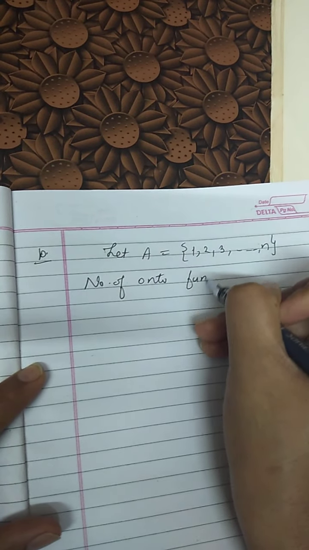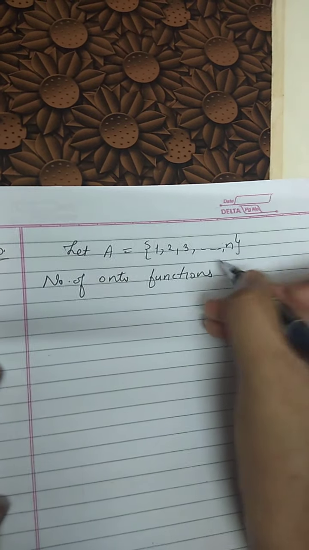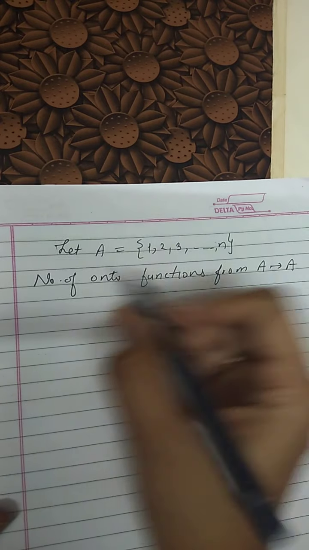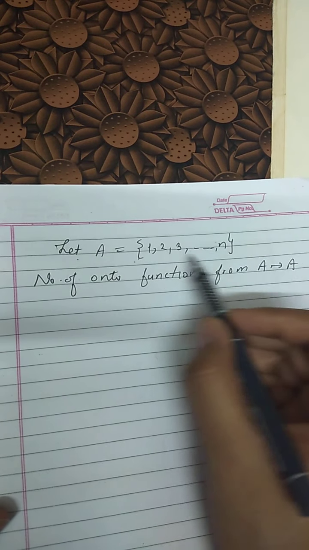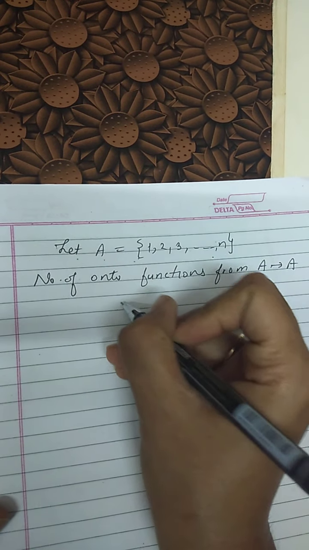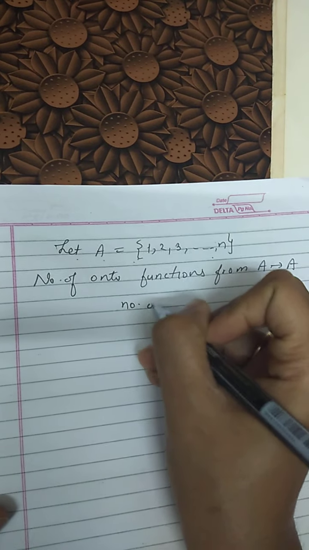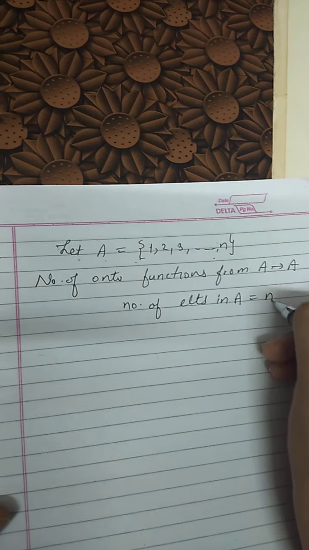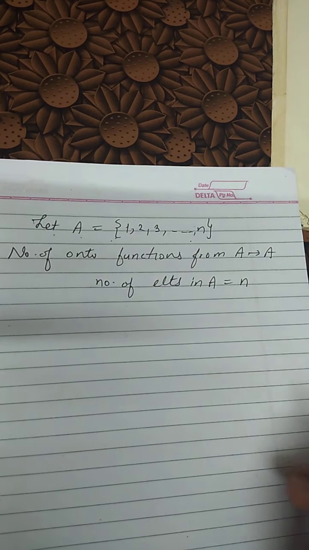onto functions from A to A. Now how many elements is set A having? First n natural numbers are there in set A. So we will write down the number of elements in set A is n. And just now we have done the formula.